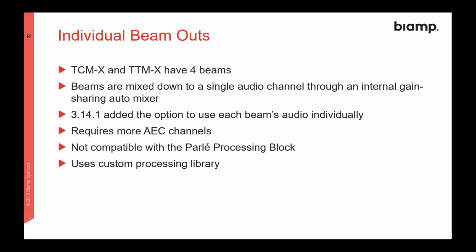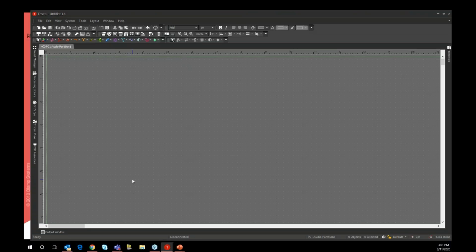Well, with 3.14.1, we added the ability to individually use each one of the audio channels from each beam, so you'll have 4 inputs. Now, the disadvantage to this is, of course, it requires more AEC channels. So if you want to use all 4 beams, you need 4 AEC channels as opposed to 1. Also, it's not compatible with the Parle processing block, so you'll also need to use the custom processing library blocks and maybe make some adjustments on your own as well.